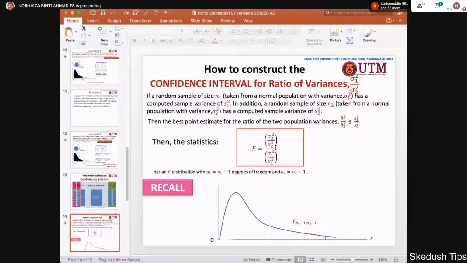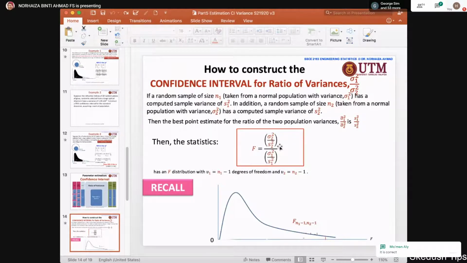So it now becomes S1 squared. I will check this. Why does the book use S1 squared the other way around? Does it become the same?